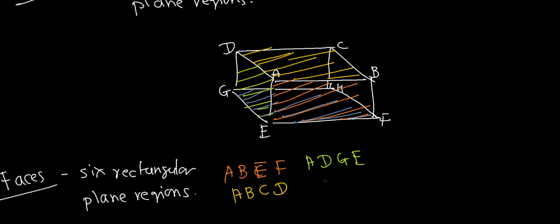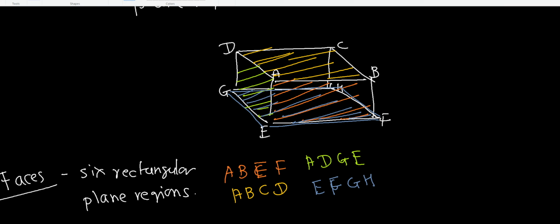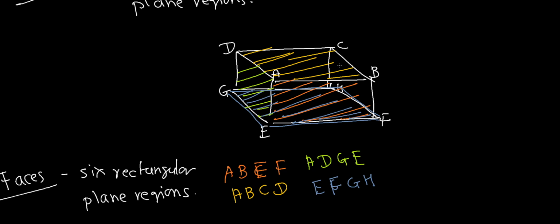So this is E, F, G, H. Then this side, this face, so this comes as B, C, H, F, and the back side now.